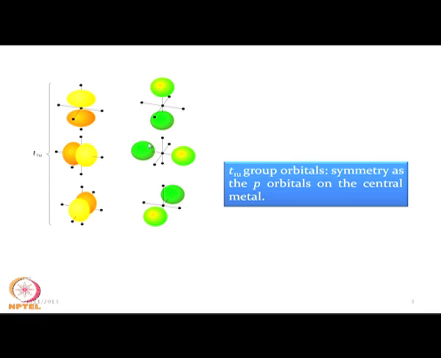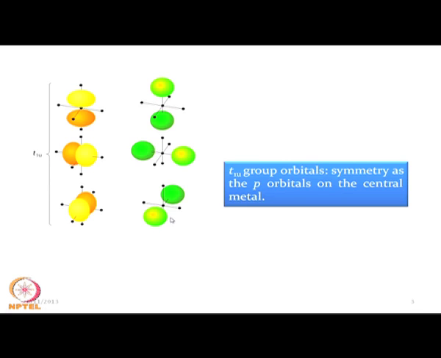But previously, what we were seeing was that the electrons present in these p orbitals of the different ligands provide the crystal field environment around the metal center, but we were not talking about the overlap of the p orbitals of the ligand with the p orbitals of the metal side. So, this is the first time that we are considering that p-p interaction can take place during complex formation.